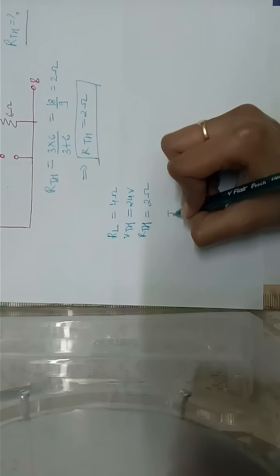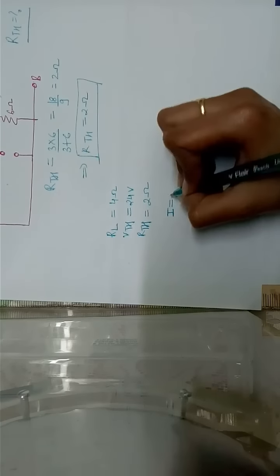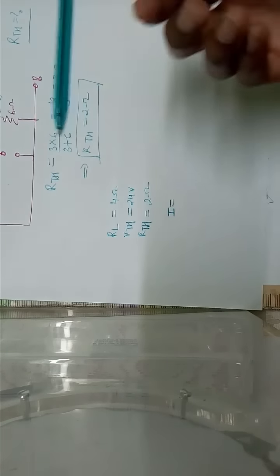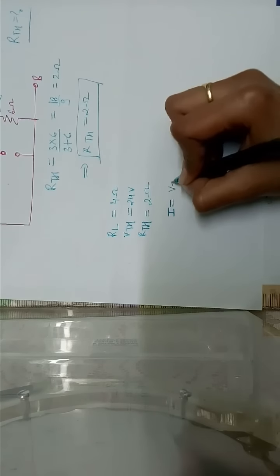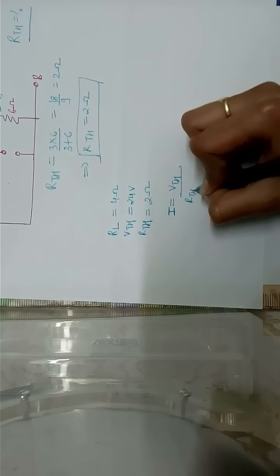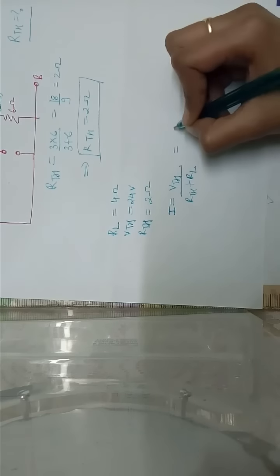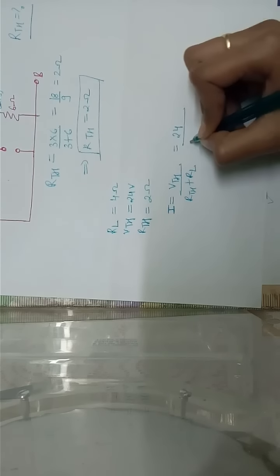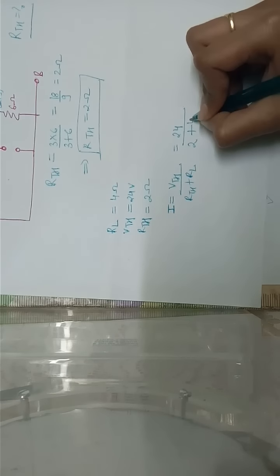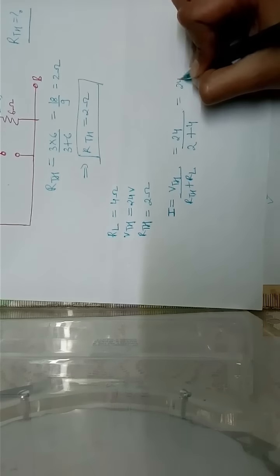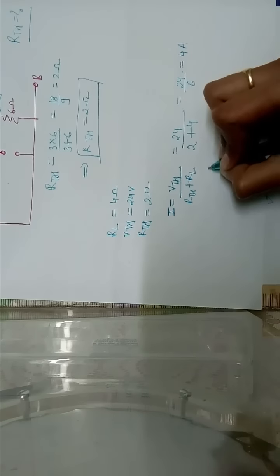While determining the current in the 4 ohm resistance, we'll apply the basic formula used while applying Thevenin's theorem, that is VTH upon RTH plus RL is equal to I. So over here VTH is 24, RTH being 2 ohms plus RL being 4 ohm. This is 24 upon 6 and thus we get 4 ampere as a current.